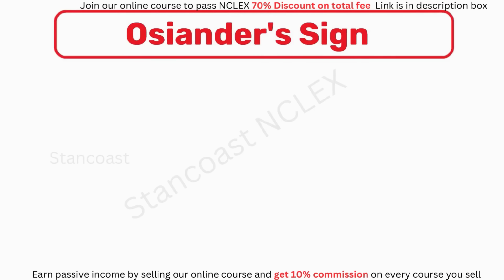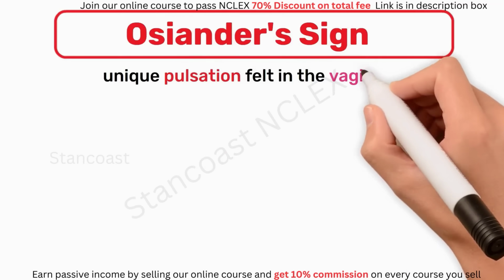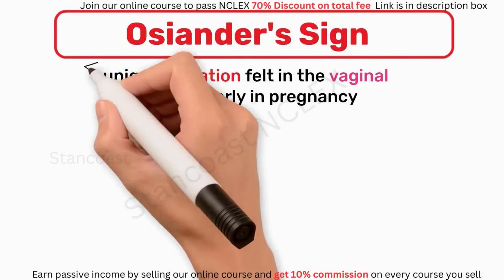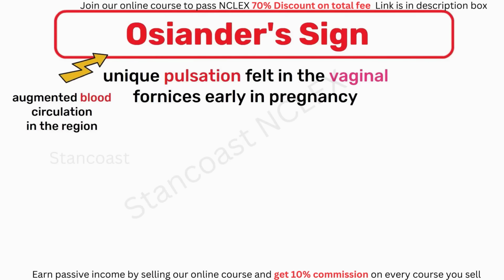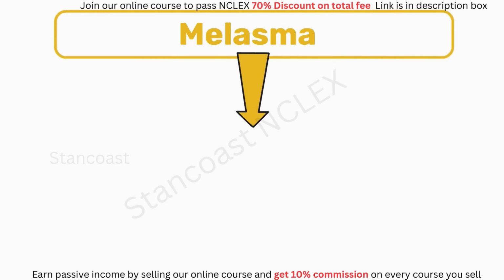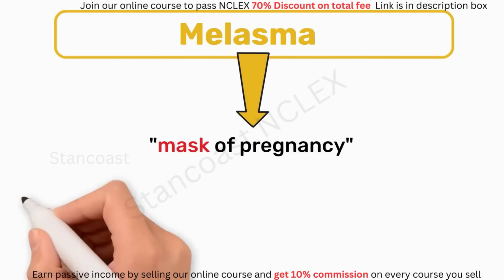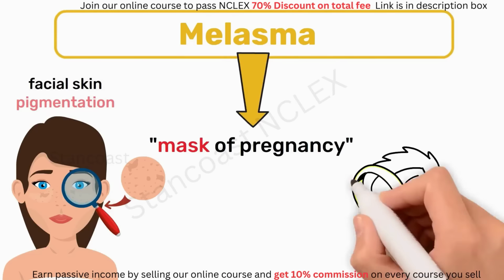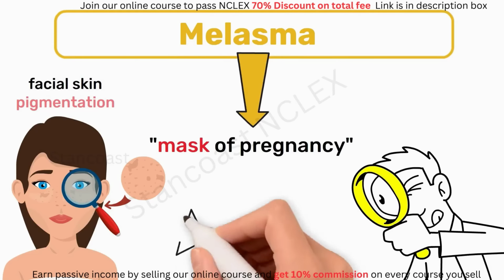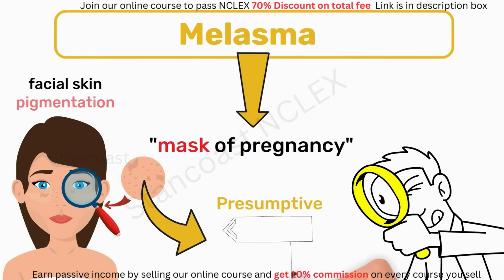Osiander's sign refers to a unique pulsation felt in the vaginal fornices early in pregnancy, attributed to the augmented blood circulation in the region. Melasma, commonly known as the mask of pregnancy, describes the facial skin pigmentation seen in some pregnant individuals and stands as a presumptive sign of pregnancy.